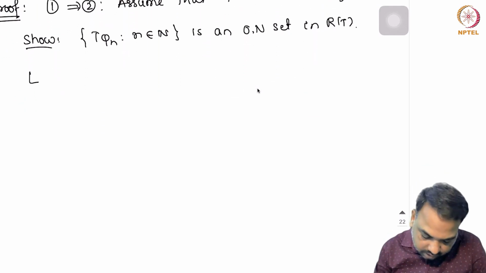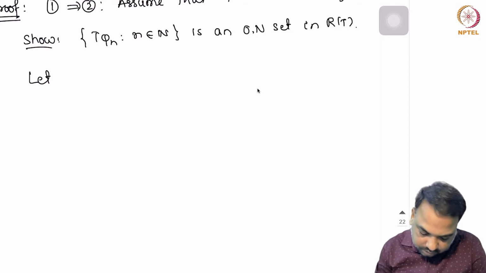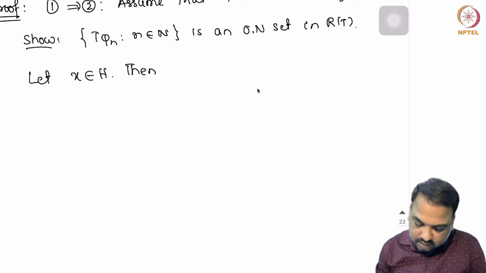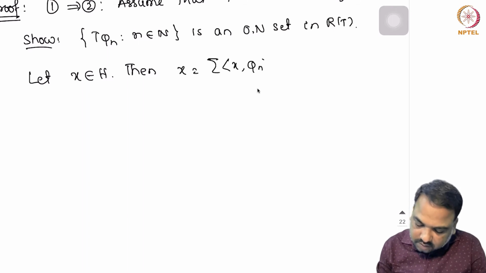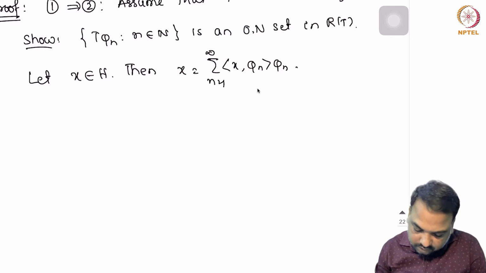So let us take x in H. Since phi n forms an orthonormal basis for H, x can be written as the summation of the inner product of x with phi n, times phi n.